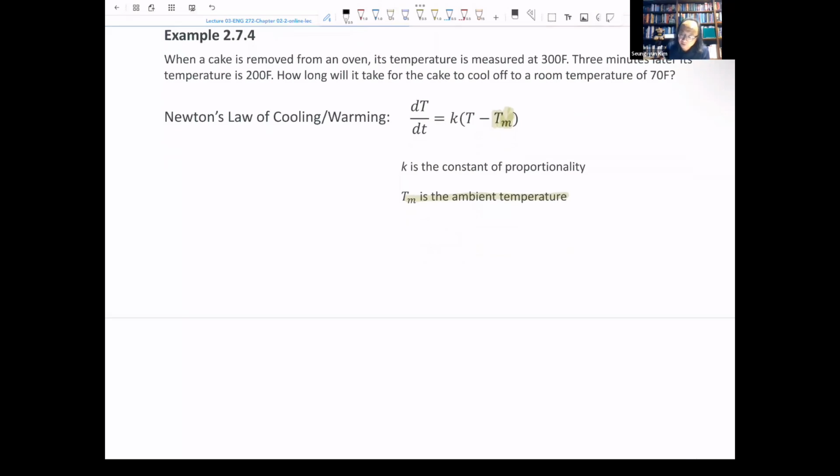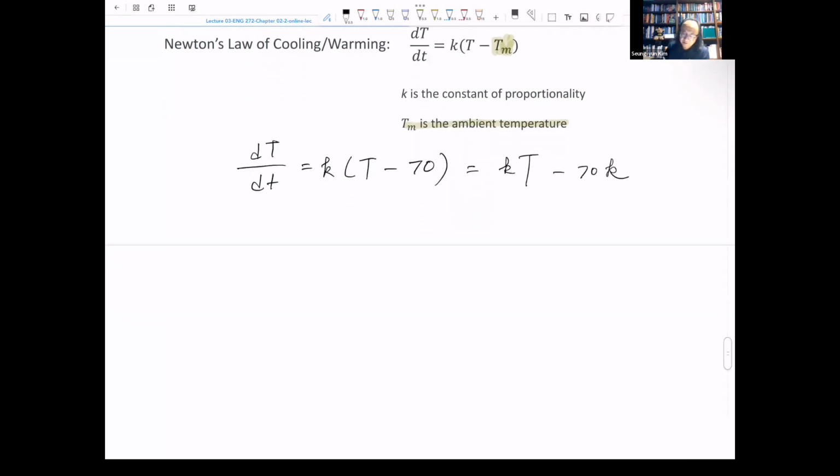So we have dT over dt equals k times T minus the room temperature, 70. Let's distribute: kT minus 70k. Then I'm going to move kT to the left-hand side. Then we have dT over dt minus kT equals negative 70k.